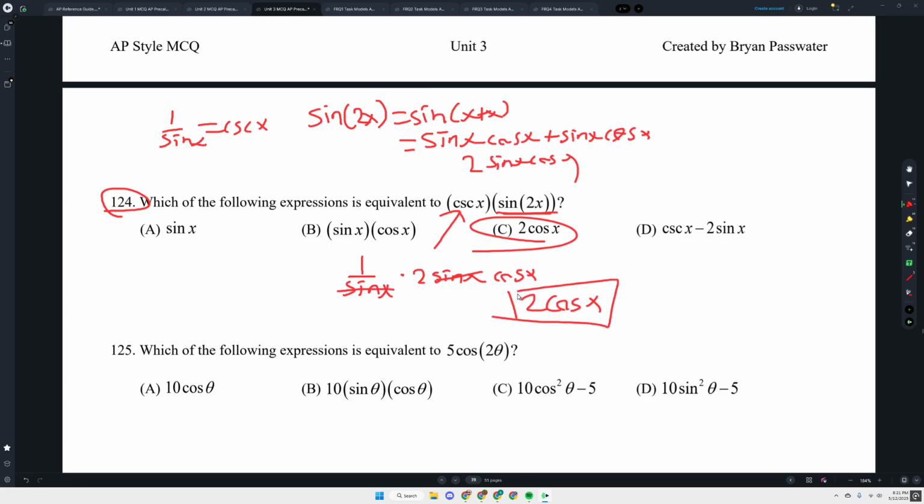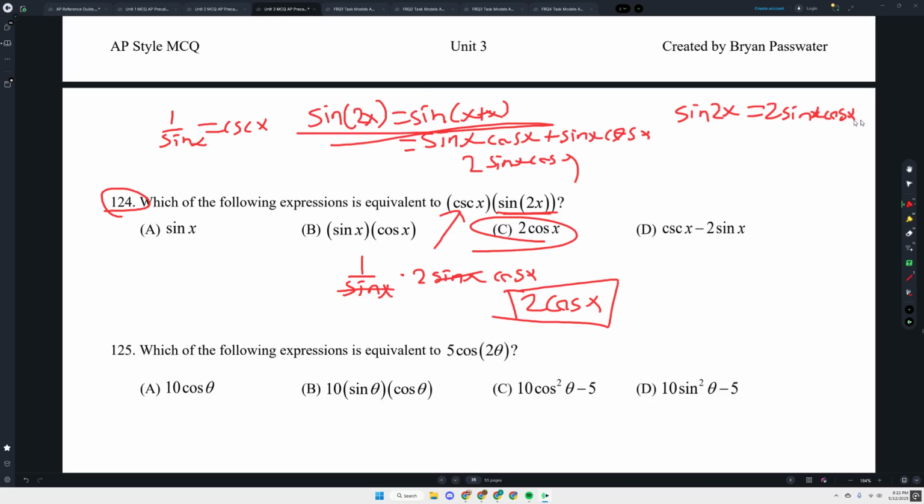So you should know your sum and difference formulas, they're important. These sum and difference formulas make your double angle formulas. If you just had sine 2x memorized, it would be equal to 2 sine x cosine x.